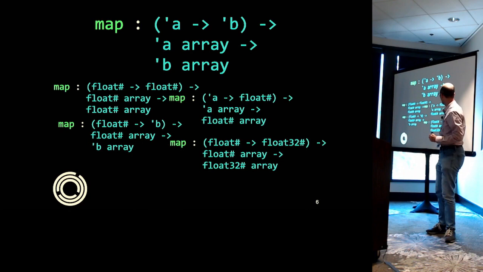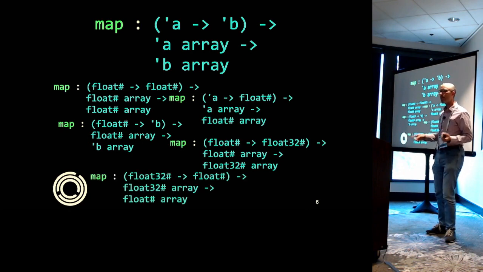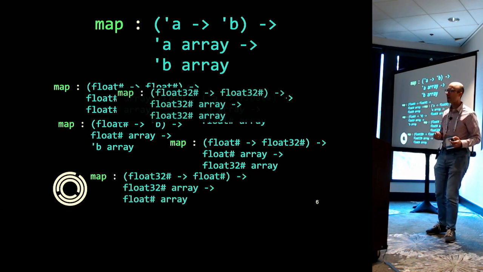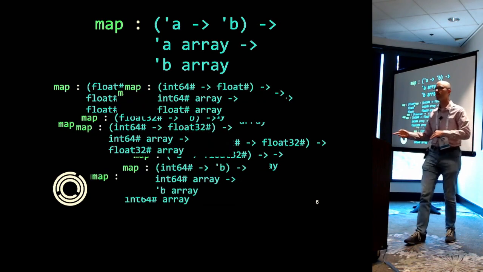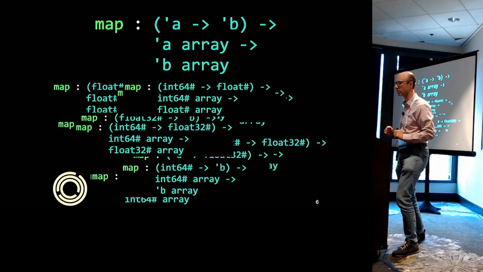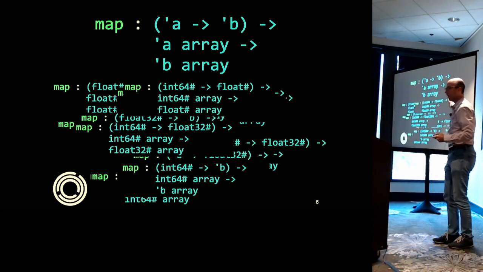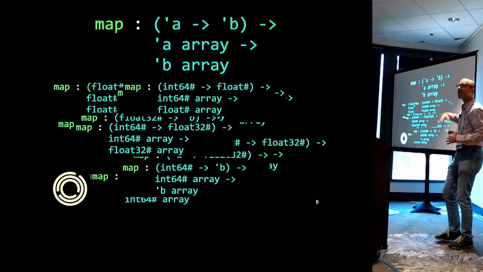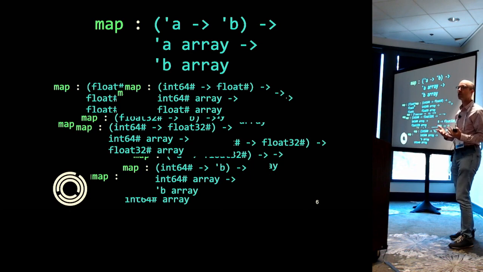So now we want to be able to do that. But then, of course, we want to go the other way. And we want to go among 32-bit floats, and maybe we want unboxed 64-bit integers instead of 63-bit integers. And this goes on and on and on, right? So in a real implementation of this, we would need all of these maps. I guarantee you, everything that's on the screen here, we would have to implement at Jane Street among many, many, many more.